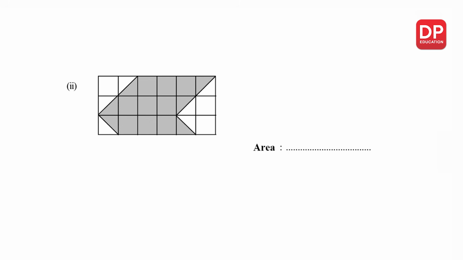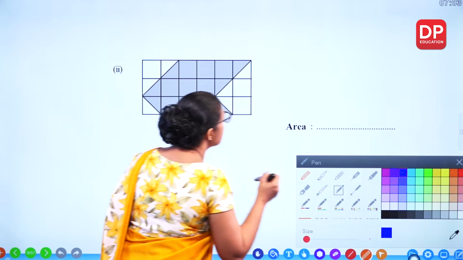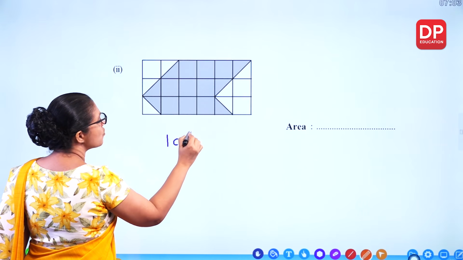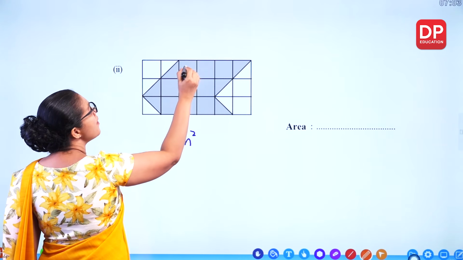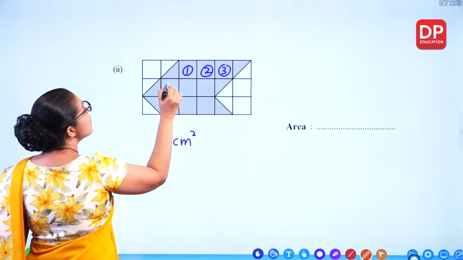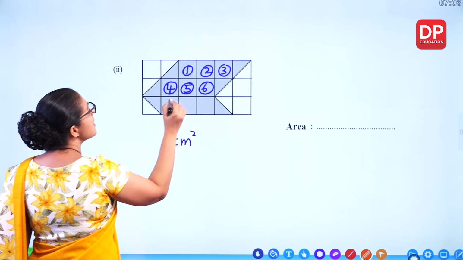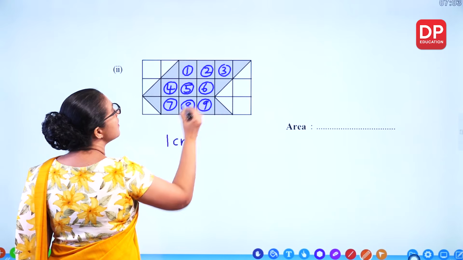Take a look at this diagram and see how many squares are there. Here also we can count the number of squares. So 1 square represents 1 square centimeter. We'll count 1, 2, 3, 4, 5, 6, 7, 8, 9.